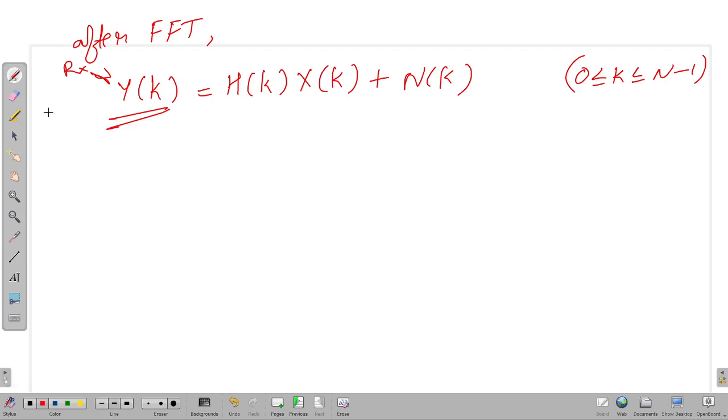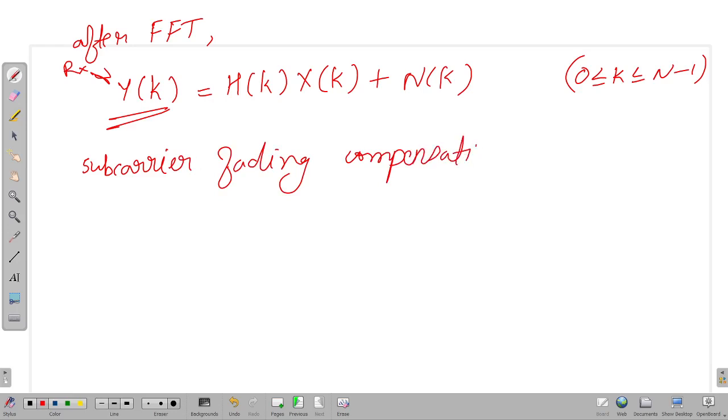In general, this is called subcarrier fading compensation techniques.